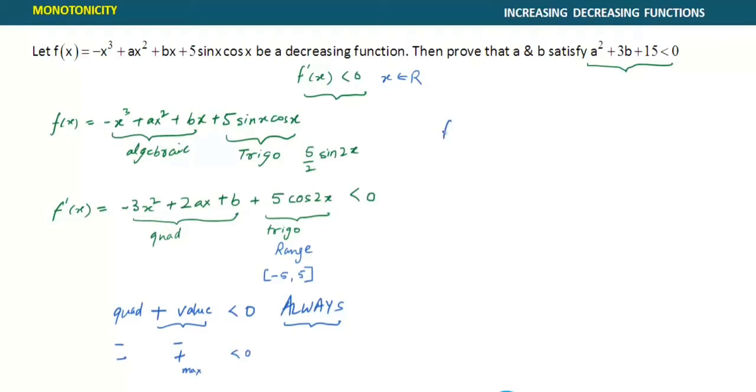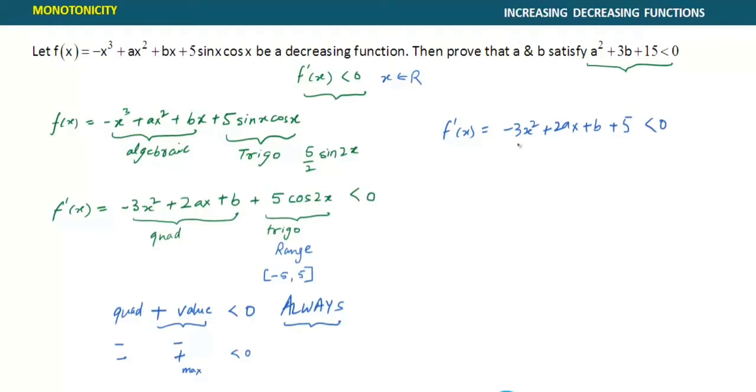So here what I will use is that f dash x is equal to minus 3x square plus 2ax plus b, and this plus 5 is less than 0. If this is true, then irrespective of this trigonometric function, this will always be less than 0. This is how you have to remove trigonometry from these kinds of questions. Just think about what I have said here so that you can clarify yourself. There is no other way to explain this much better.